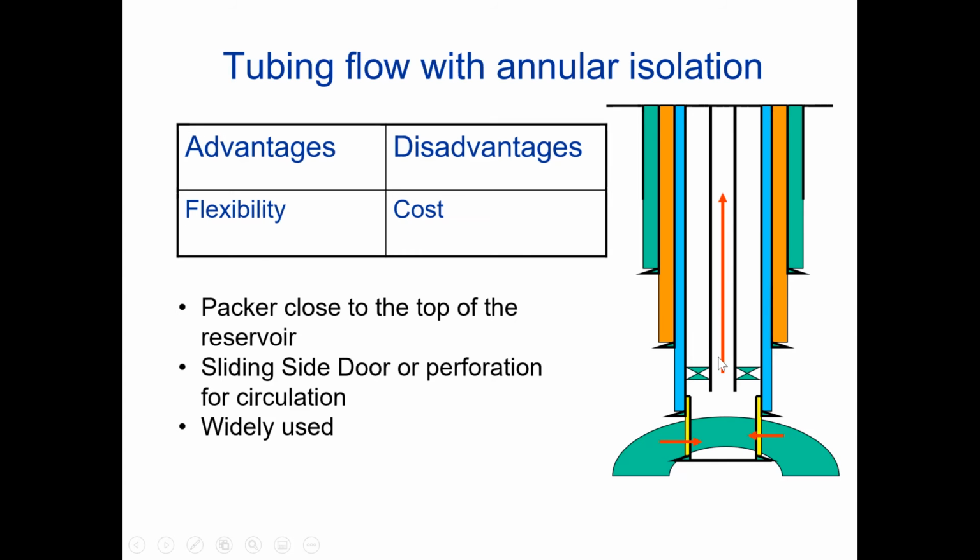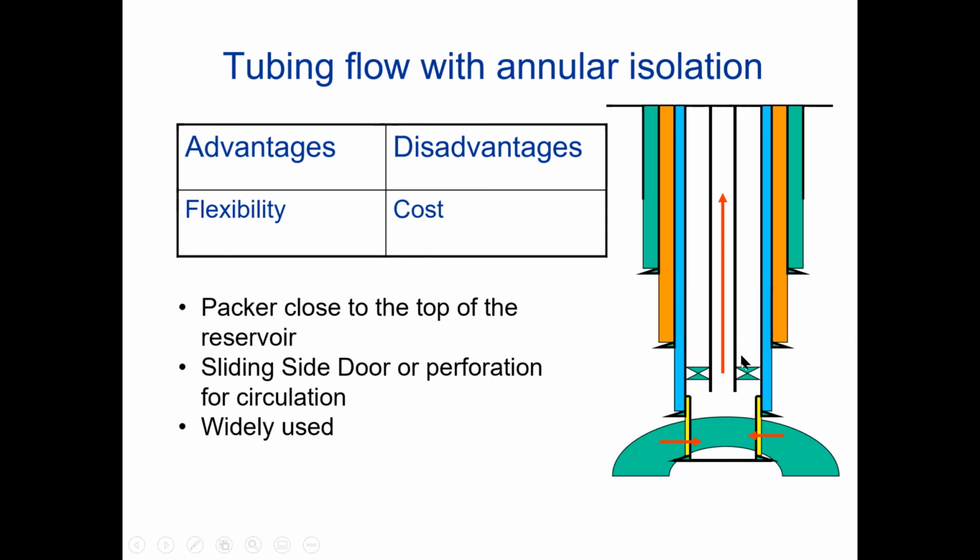So you might say, okay, how do I kill the well? You can put what is called a sliding side door. Okay? And because the space for gas collection is very small and the pressure is high, we don't have annulus heading.